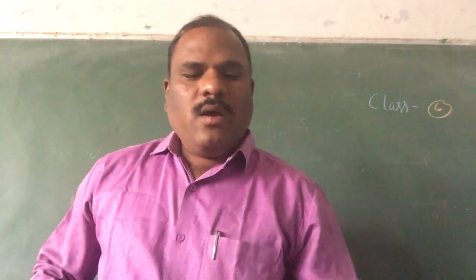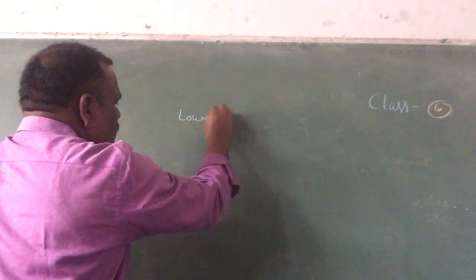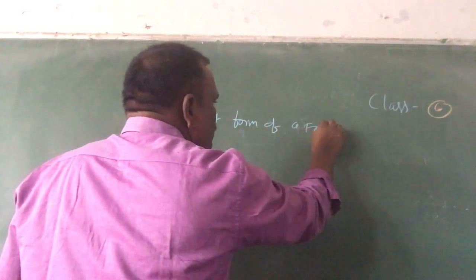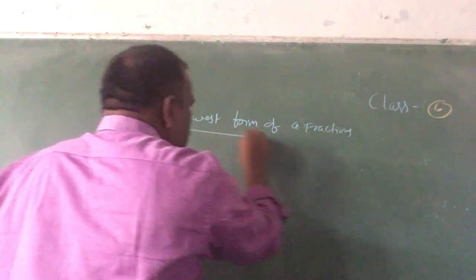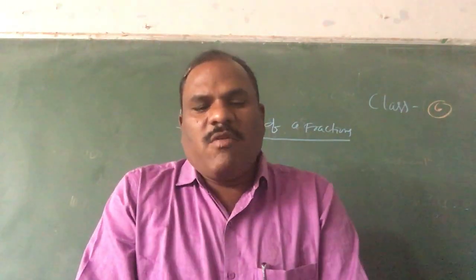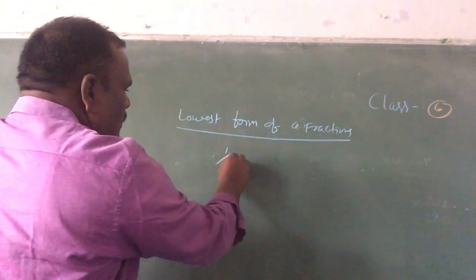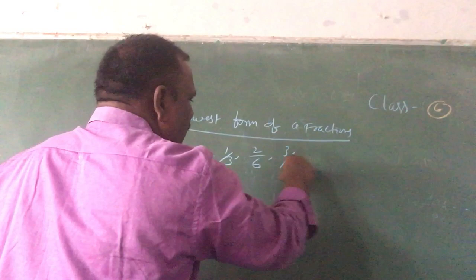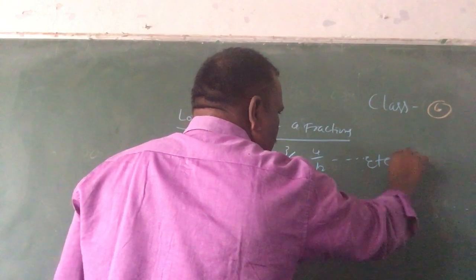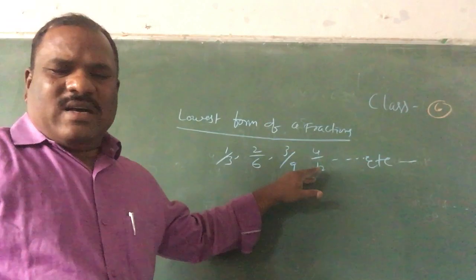Now lowest form of a fraction. Lowest form of fraction means, for example, out of the equivalent fractions 1 by 3, 2 by 6, 3 by 9, 4 by 12, etc. These are the equivalent fractions.